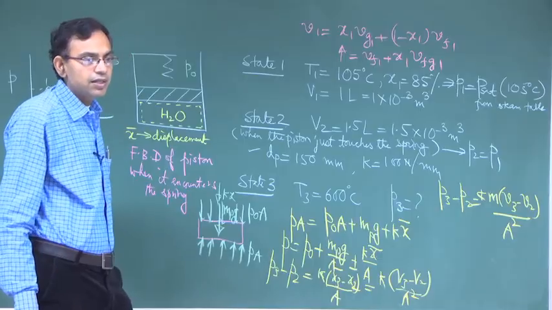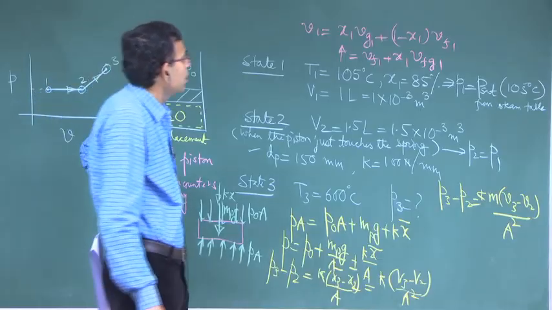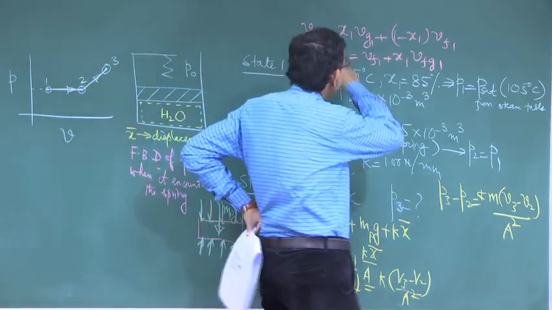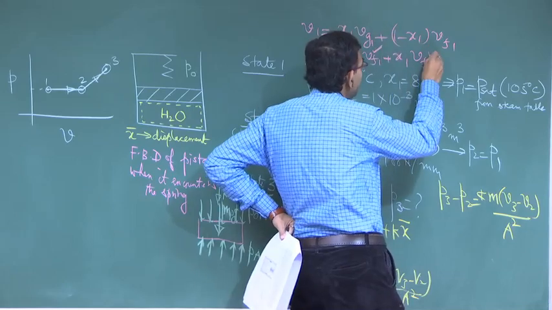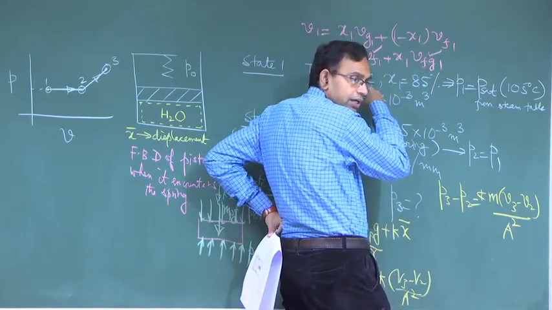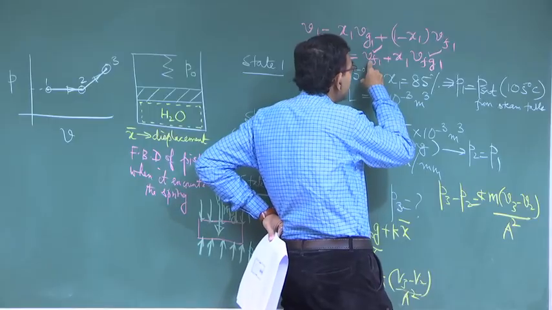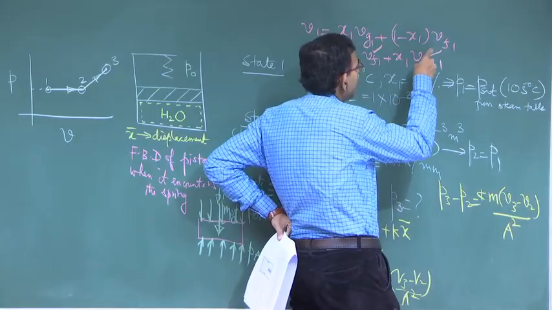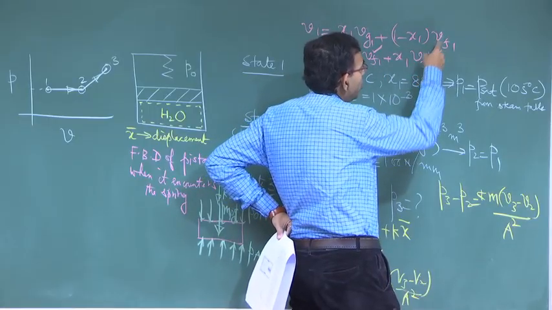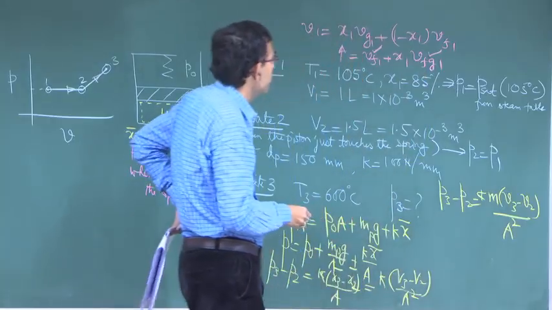Vfg is Vg minus Vf. So, this you get from the table of water at 105 degree centigrade. At 105 degree centigrade, calculate what is V1, what is Vfg1 or Vf1, any one of these two.